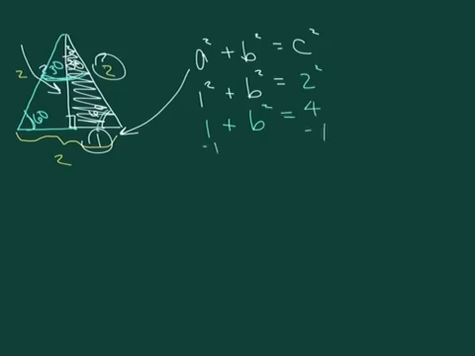Subtract 1, b squared equals 3. Square root of both sides, and we get b equals plus or minus the square root of 3. Alright, key thing here. Can length ever be negative? No. So the negative part disappears, and we just have b equals the square root of 3.